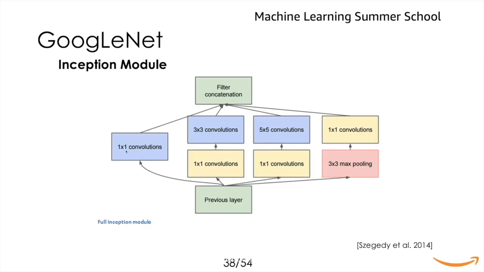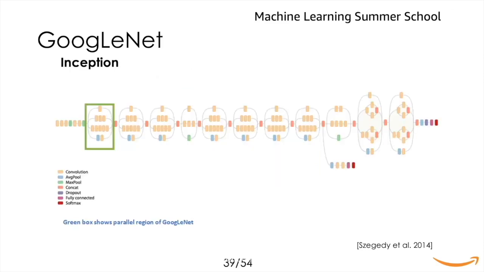Here you have 1 cross 1 convolution, 3 cross 3 convolution, 5 cross 5 convolution, 3 cross 3 max pooling, all done on the same set of input. The outputs are then concatenated and passed to the next layer. So this was to introduce multi-scale computation to extract features at multiple different scales.